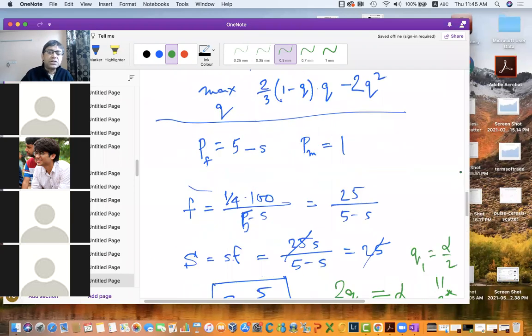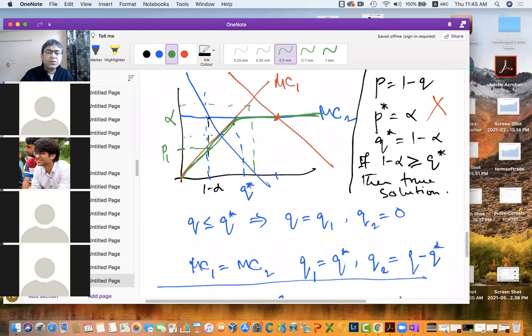Right, it's that quantity. If you gave it entirely to one, their marginal cost will be exactly alpha, the other firm's marginal cost. Just look at the diagram, right? We are trying to find this point of intersection. It's the intersection of the two marginal cost curves. That means one marginal cost is constant at alpha.